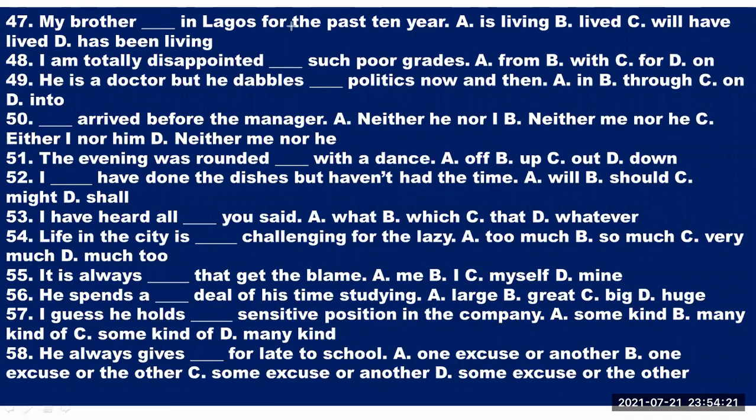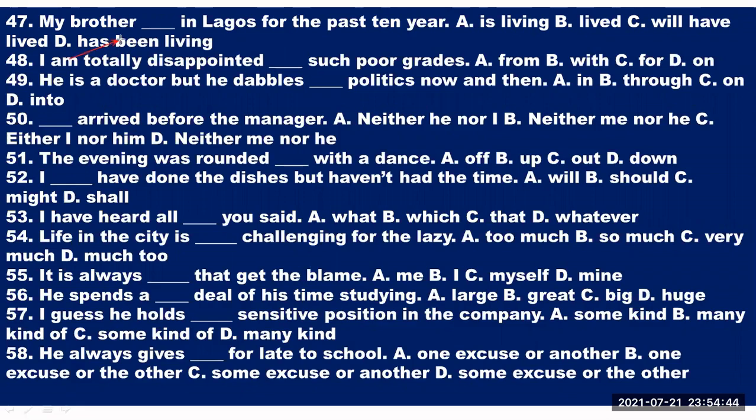My brother dashed in Lagos for the past 10 years. All right. A, is living, is not correct. My brother is living in Lagos for the past 10 years is not correct. My brother lived is not correct. My brother will have lived is not correct. My brother has been living is correct.